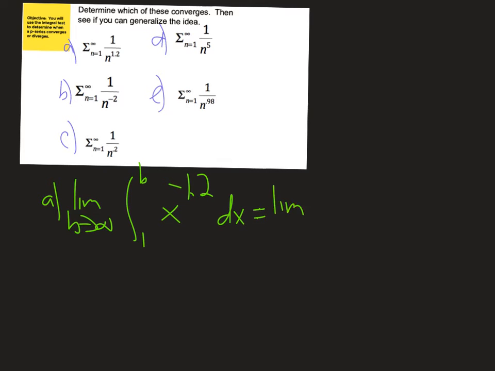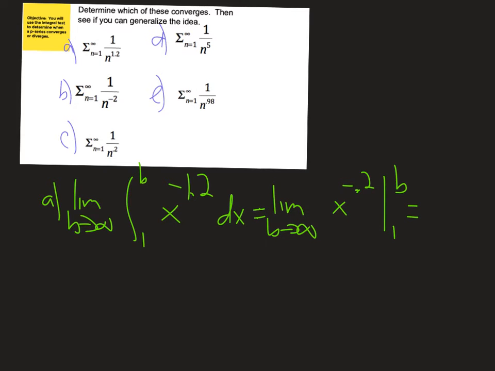So for A, again, I hope you paused. I'm going to look at the limit as b goes to infinity of the integral from 1 to b of x to the negative 1.2 dx, which is going to be the limit as b goes to infinity of x to the negative 0.2 from 1 to b.